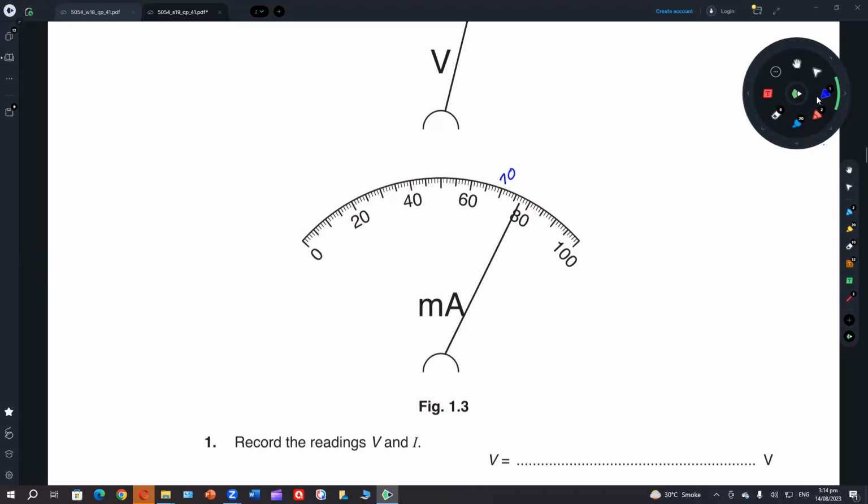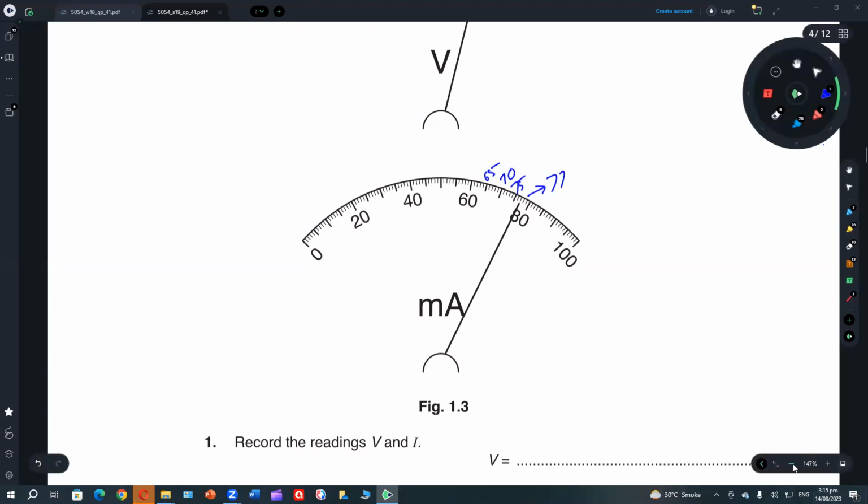75, 76. I'm getting 77. For me, it's exactly 84. How is it 80? I have marked 70. I have marked 75, 76, 77. So I think it's simply 77. 80 is ahead.